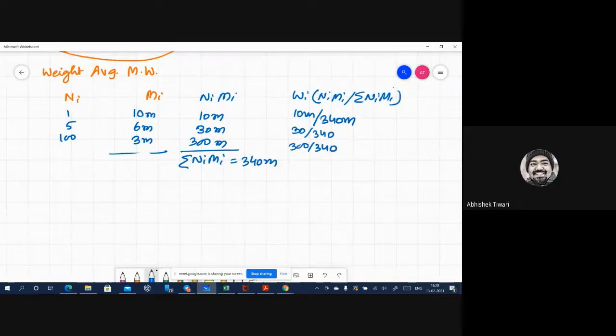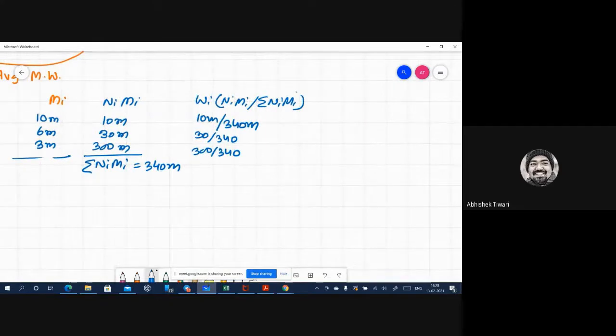Okay. And from Wi, I calculate the fraction, which is Wi into Mi. So this fraction multiplied by that. So 10 into 10 divided by 340. And then for this, it will be 30 into 6 divided by 340.